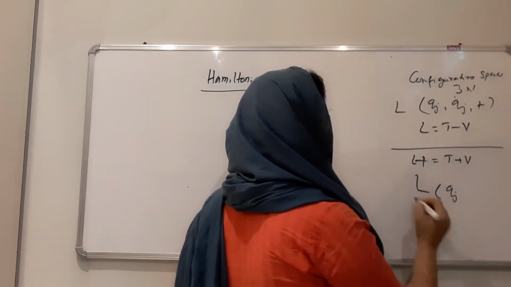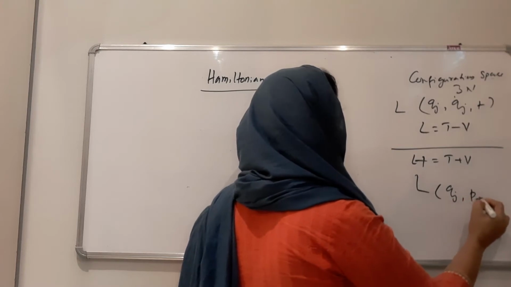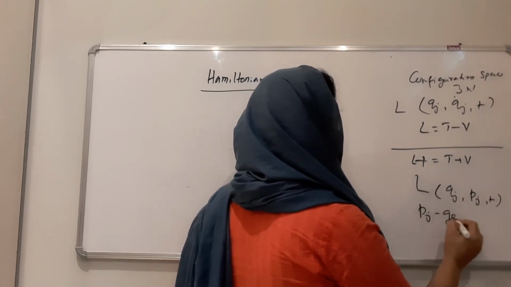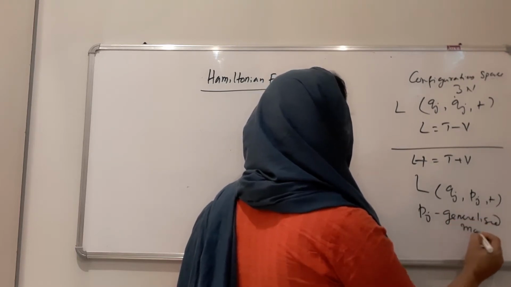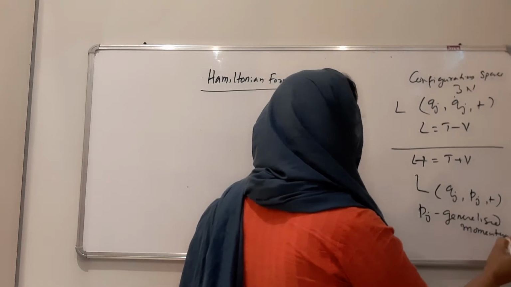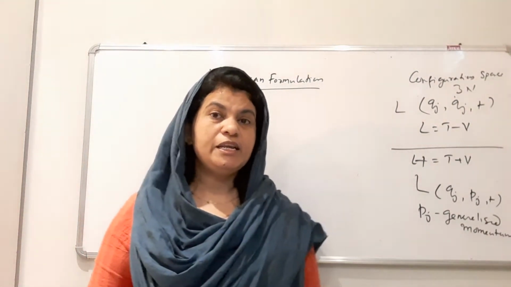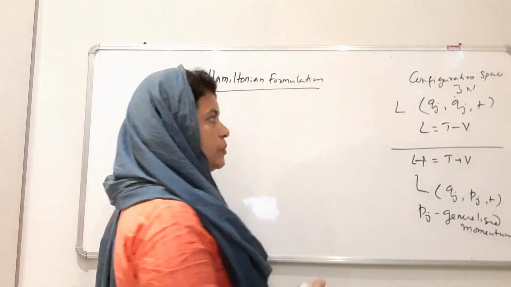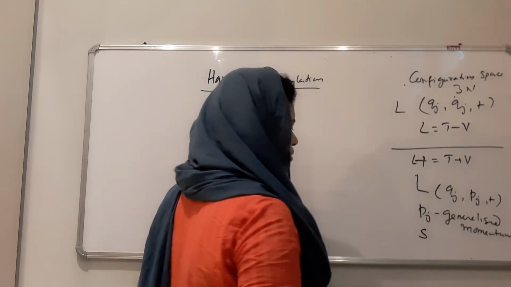qj is the generalized position, the generalized coordinate, and a new variable is there, pj, and t. pj is called the generalized momentum coordinate. It is an independent variable. It is the main difference. Therefore the Hamiltonian is applied in another space, not in configuration space, but in phase space.